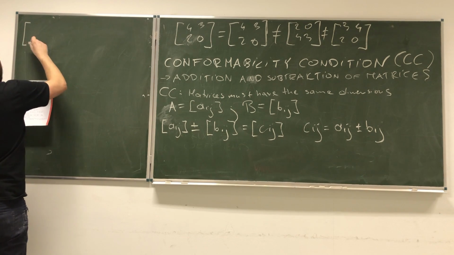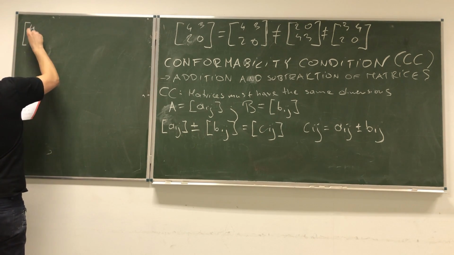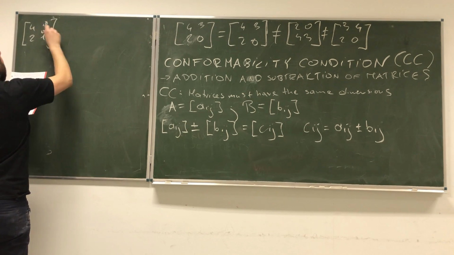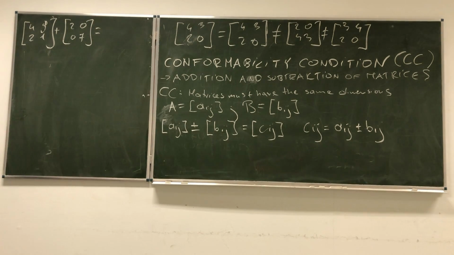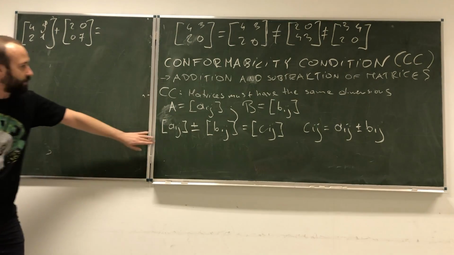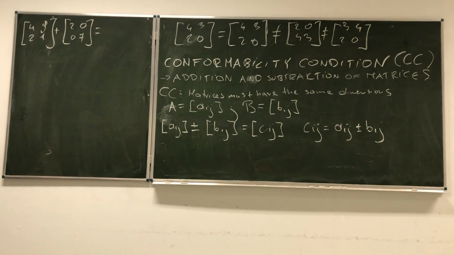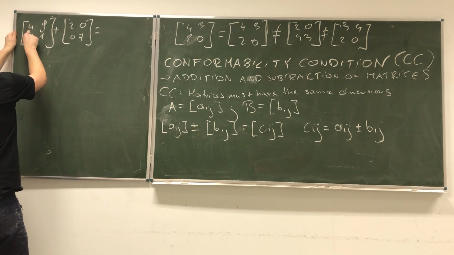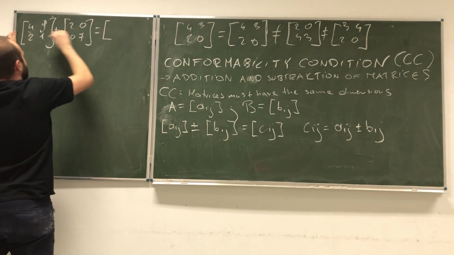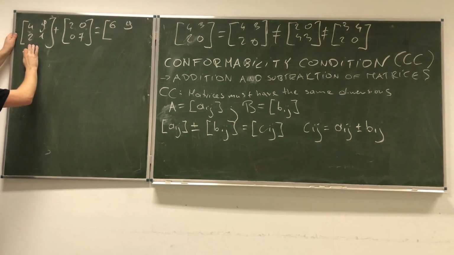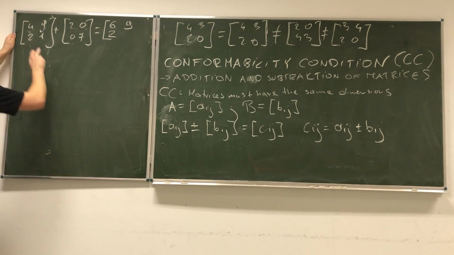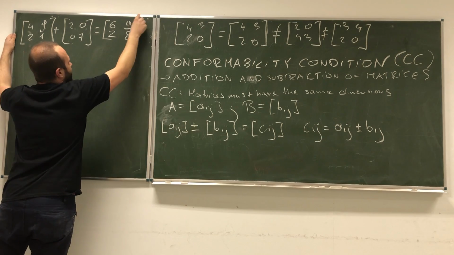If I have matrix 4, 2, 9, 1 and matrix 2, 0, 0, 7, all I need to do, in line with what we already said, is add all corresponding elements. So 4 will be added to 2, right? I'll get 6. 9 will be added to 0. I will get 9. 2 will be added to 0. I will get 2. 1 will be added to 7. I will get 8.